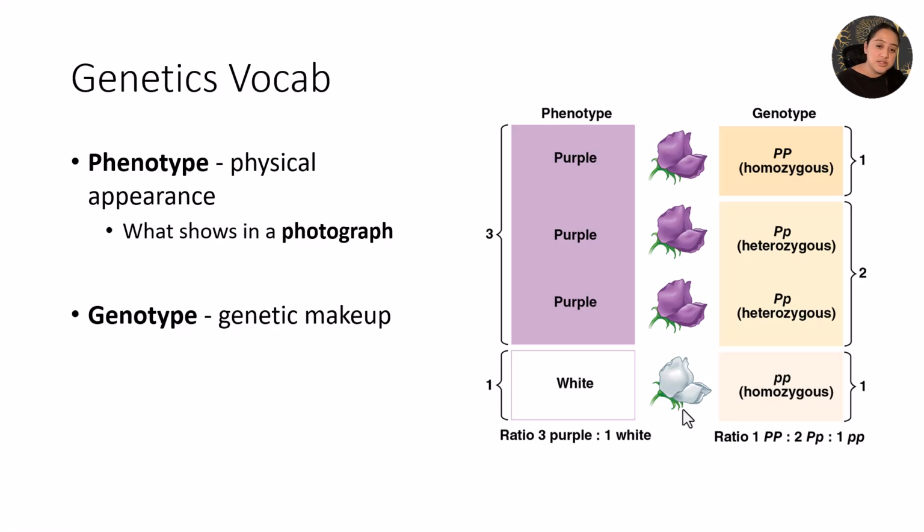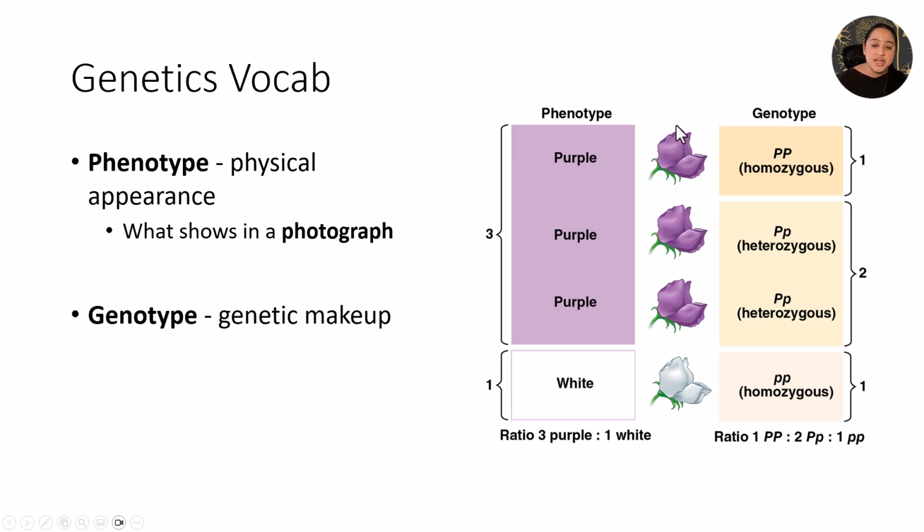And so we can also give terms to what we're focusing on. If we were focusing on what it looks like, then we would be talking about its phenotype. The phenotype is the physical appearance, like if it looks either purple or white flower color. You can remember it as what shows in a photograph. The phenotype is what shows in a photograph. So if I were to take a picture of these purple ones, they would all look purple, and that's their phenotype. But you might not know what the genotype is.